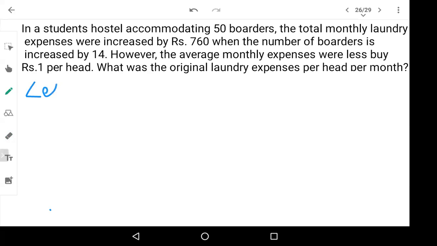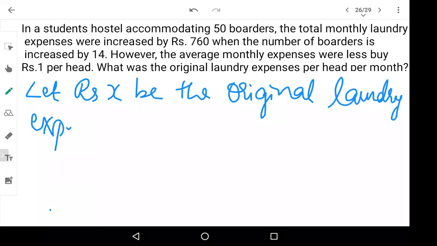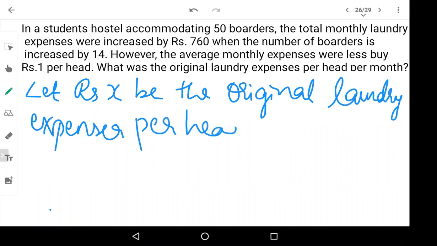Let rupees X be the original laundry expenses per head. Every detail is important. Per month. So for 1 month and 1 person, how much is the laundry expenses? And we have assumed it to be X.